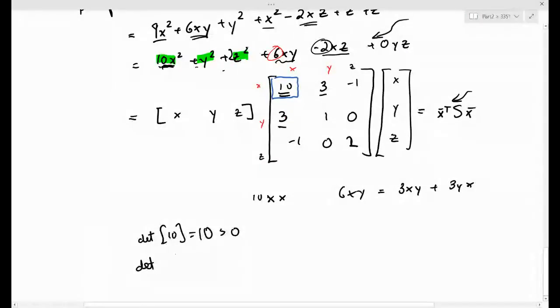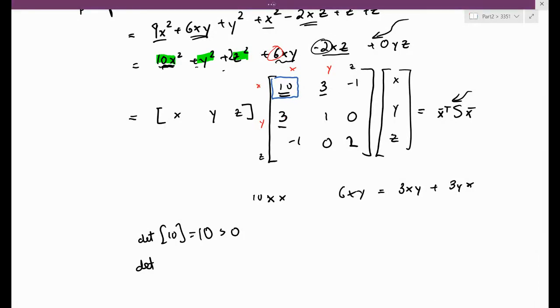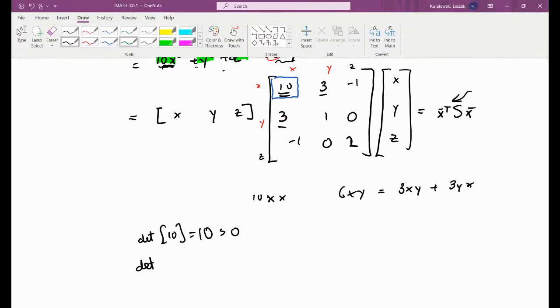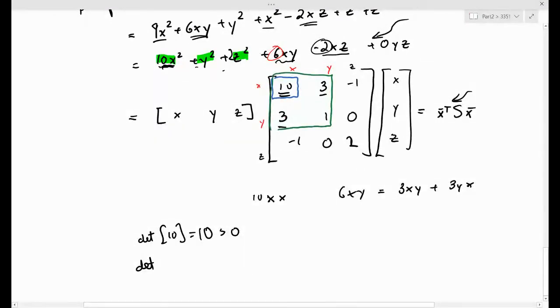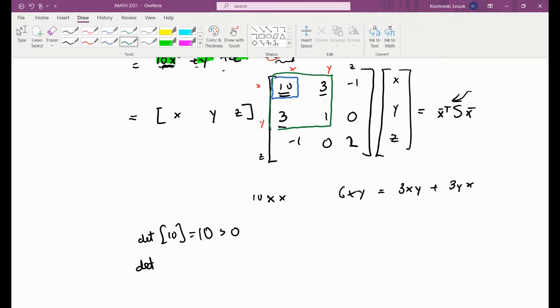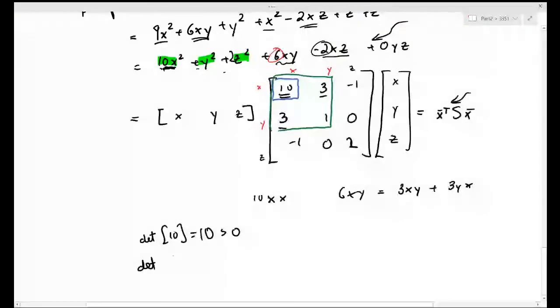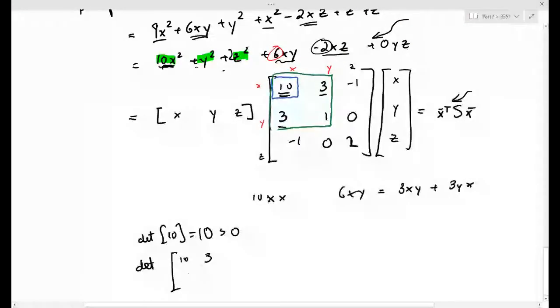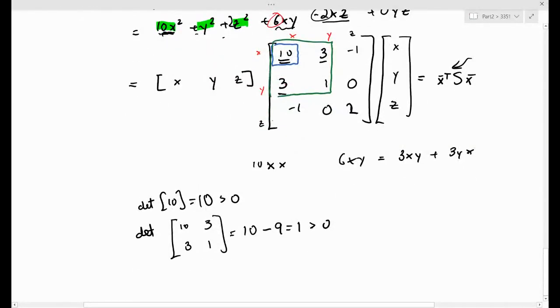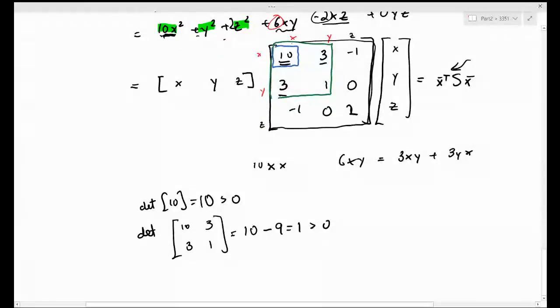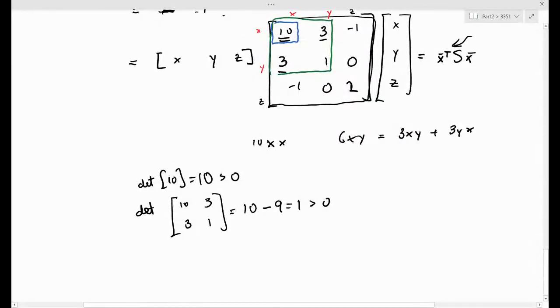The determinant of the next 2 by 2 top left matrix, 10 times 1 minus 3 times 3. That's still positive. And finally, the determinant of the 3 by 3 matrix itself.